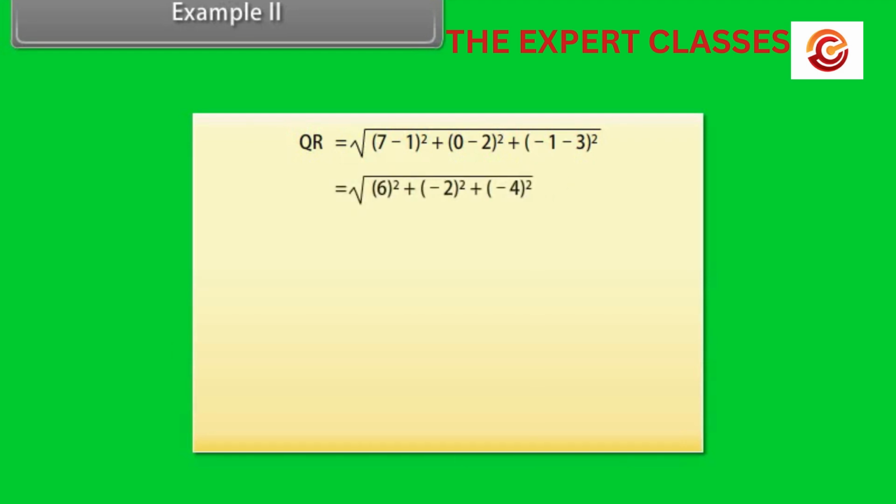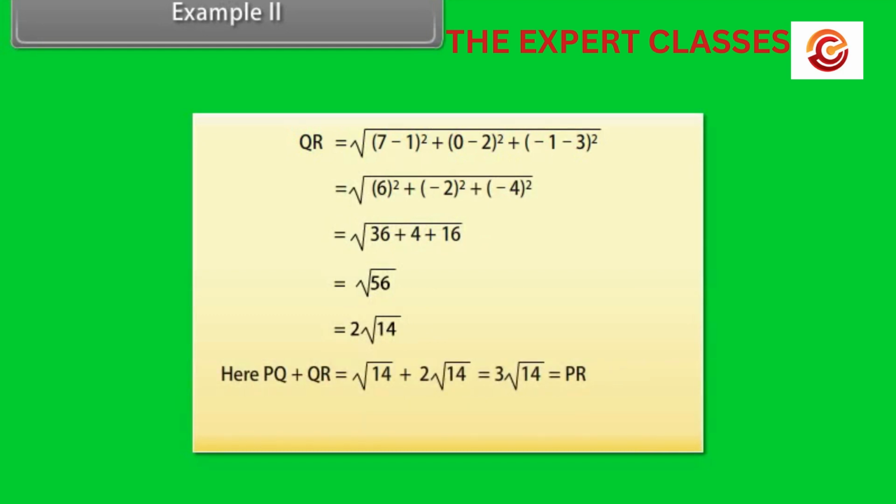After calculating QR, we get 2 into square root of 14. Here, PQ plus QR is equal to square root 14 plus 2 into square root 14, equal to 3 into square root 14, equal to PR. Hence, points -2, 3, 5, 1, 2, 3 and 7, 0, -1 are collinear.